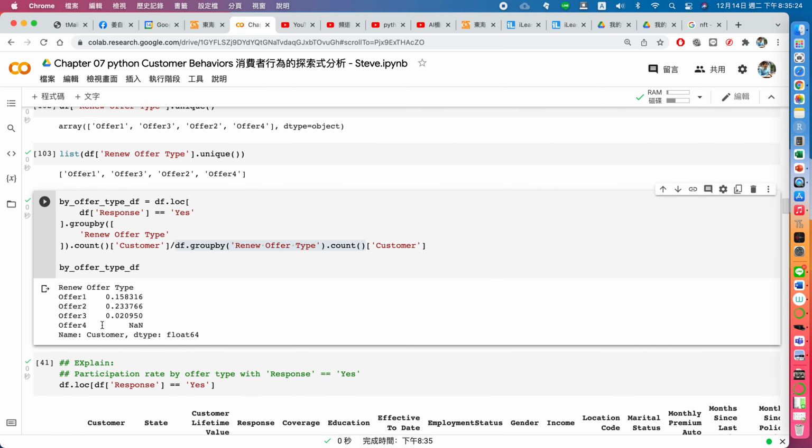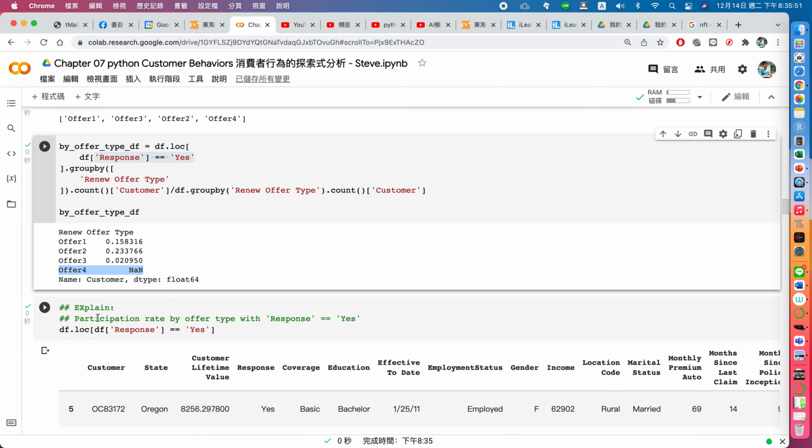Here you may find the different labels for the response with yes, and also the 4 renew offer types. But basically for offer 4, there is no customer's choice for that offer type.